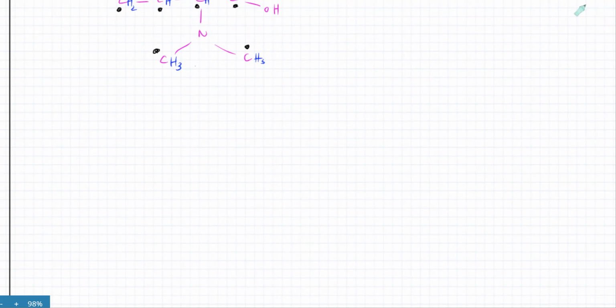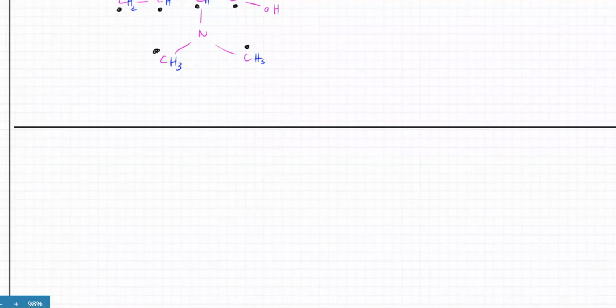Direct questions on naming, you don't usually get very direct questions on naming, maybe just 1 or 2 marks, but a lot depends on the name of the molecule. I mean, the whole question would depend on the name of the molecule if you don't know what the molecule is. So we're going to start with very basic naming. Basic straight chain.